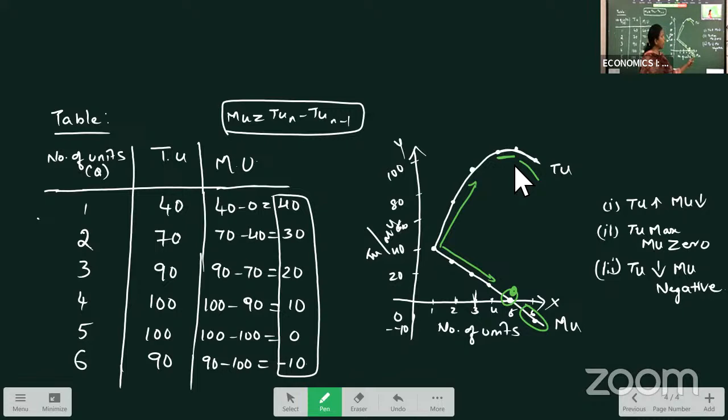No. Whenever we get negative satisfaction, we don't want to take it. We don't want to spend our money on that. So we can say the consumer will be in equilibrium at the point where total utility is maximum and marginal utility is 0. So this is about the table and graph explanation.